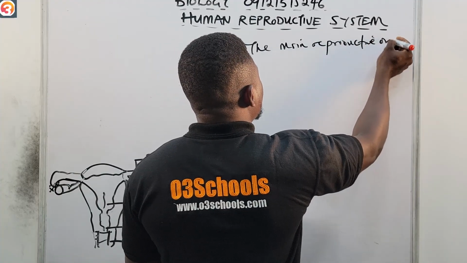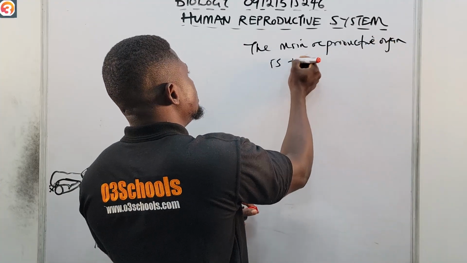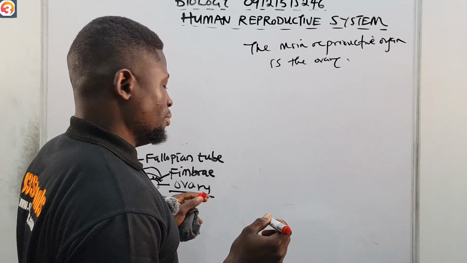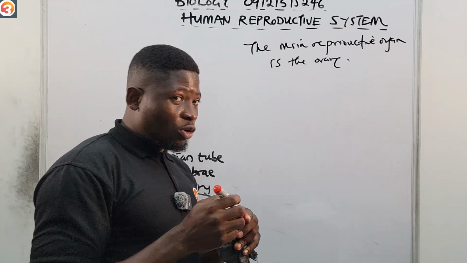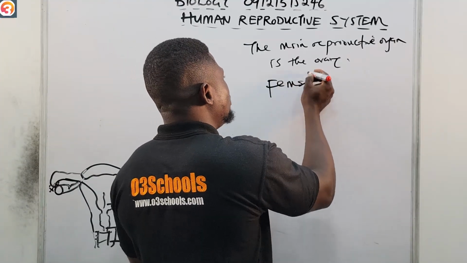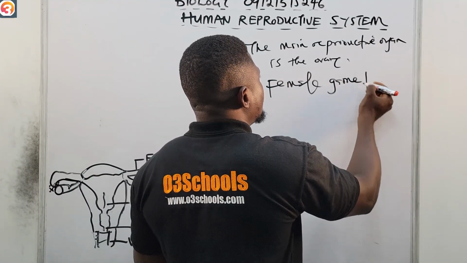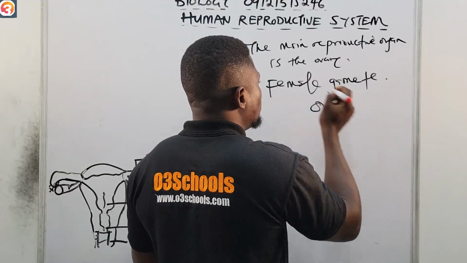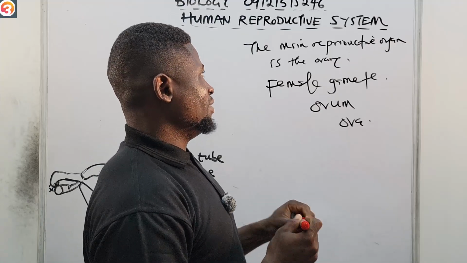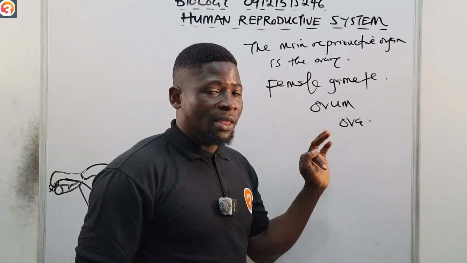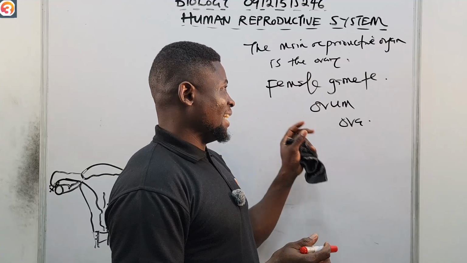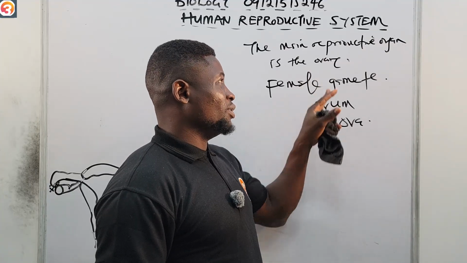There are a pair of ovaries, and inside the ovary we have the female gamete, called the ovum, or the plural, ova. So please take note of that. The main reproductive organ is the ovary, and it contains the female gamete called the ovum.